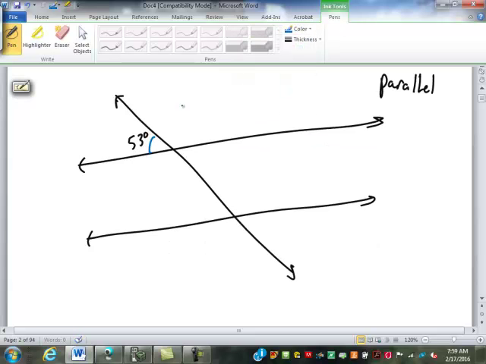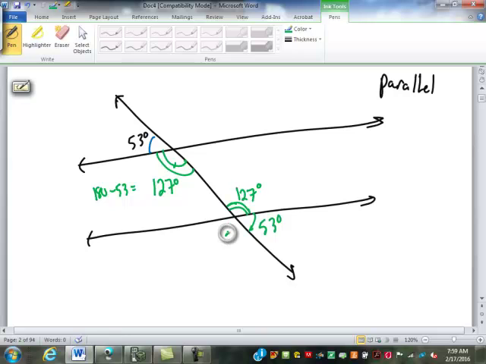If I give you that angle, 53 degrees, what is this angle? Okay, so 127, right? 180 minus 53. What's this angle? 127.